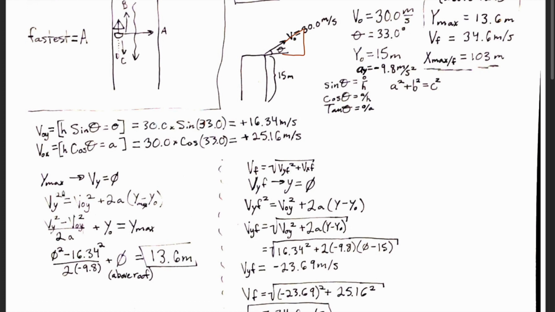So first, looking at y max above the roof of the building. That means that it's not going to be 15 plus whatever top value here we've got, right?